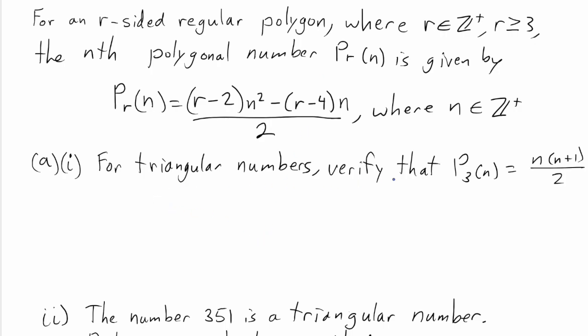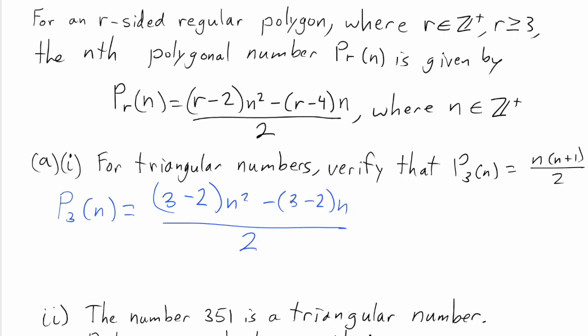So for triangular numbers, verify that P3 of n equals this. Okay, so for triangular numbers, that means r equals 3, and we just plug in r equals 3. So P3 of n equals (3 minus 2) n squared minus (3 minus 4) n over 2, and this obviously becomes n squared minus n over 2, and we want it to look like this.